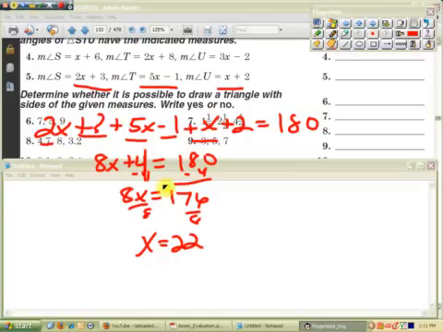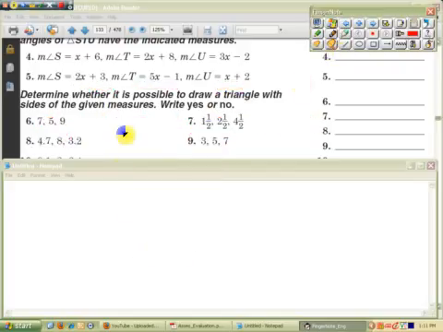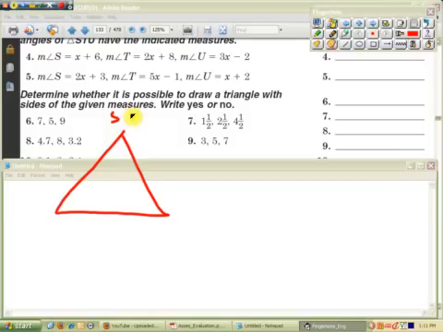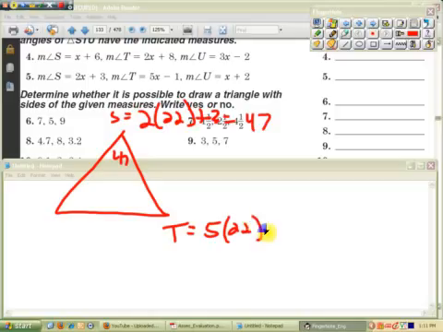So x is 22, but we're not done again. Remember, we have an S, a T, and a U. So S is a given angle measurement, and that's 2 times 22 plus 3. That'll equal 44 plus 3 is 47. Then T is also a different angle measure, and that equals 5x minus 1, but x is 22. So we plug that in.